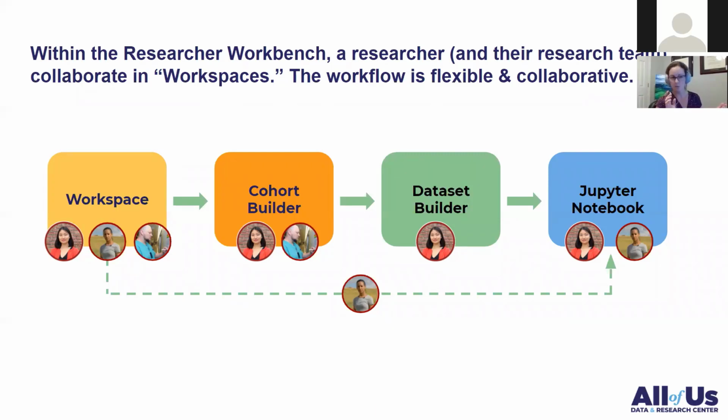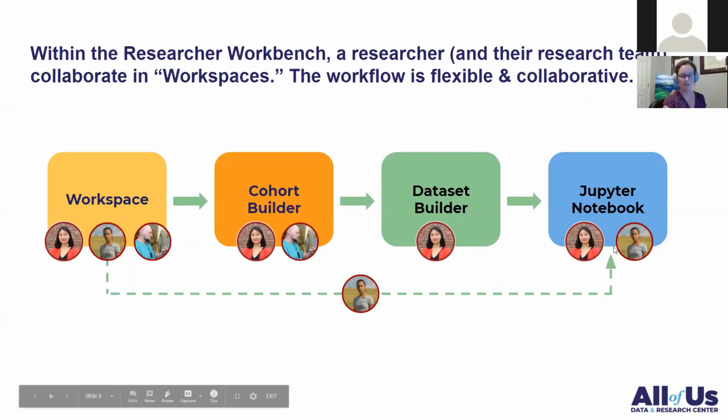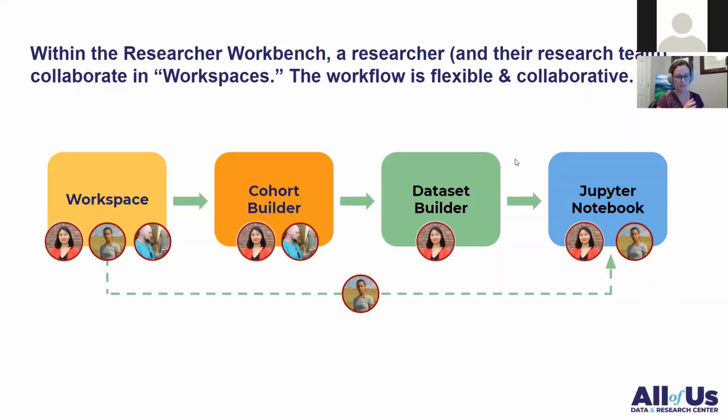Depending on your preferred work style and the pieces of the project that you own, you may either go directly into a Jupyter Notebook for analysis, or you may choose to start with our cohort building and dataset building tools, which we hope really allow you to select specific subsets of the much larger database for your analysis.